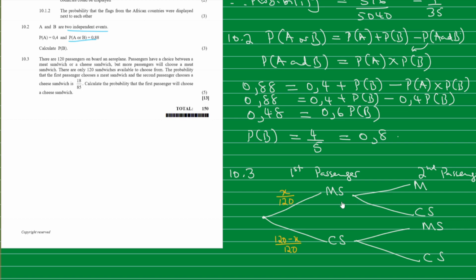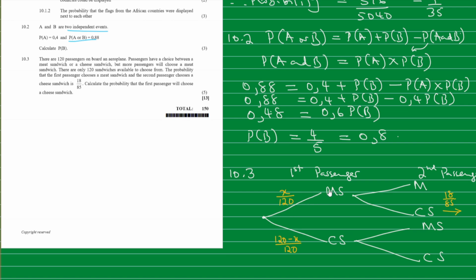And now we are also given that the probability that the first passenger chooses a meat sandwich and the second passenger chooses a cheese sandwich is 18 over 85. So the outcome of P(MS) times P(CS) is 18 over 85.